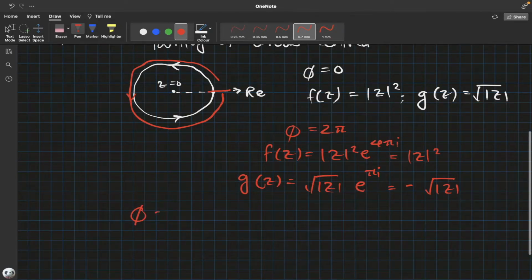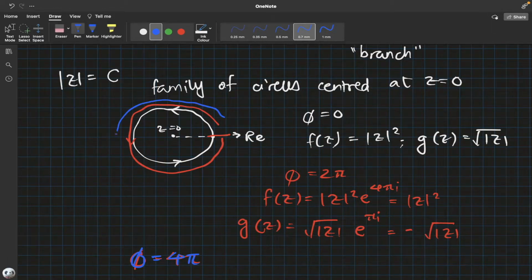What if we do another rotation? 4 pi. I'm just having different colors to make it look nice. Do another rotation.